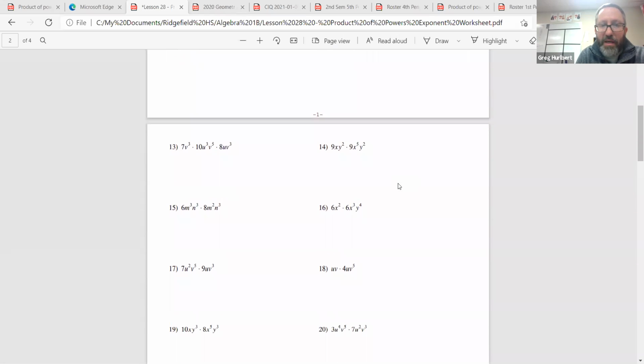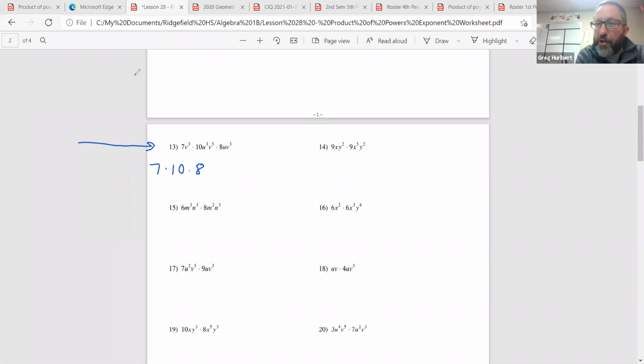Let's look at something like how about something wild like number 13? So on number 13, we'll be working right here. We would have a reorganization of this. We want to group things together. So we want the numbers grouped together. So the 7, the 10, the 8, those all get grouped together.